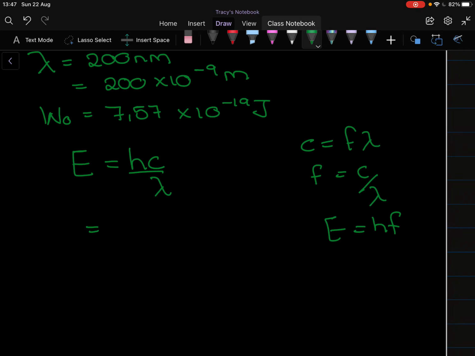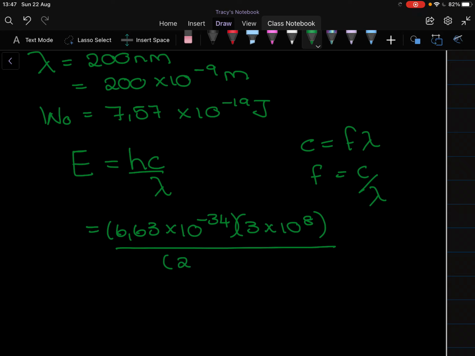So that means I'll go, and h is a constant, 6,63 times 10 to the minus 34. c is 3 times 10 to the 8, and lambda was 200 times 10 to the minus 9. Now, if you don't do the conversion, this isn't going to work for you because your answer will be wrong, basically. And when we do this, I get 9,95 times 10 to the minus 19 joules.